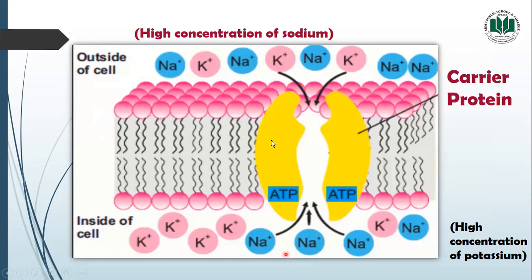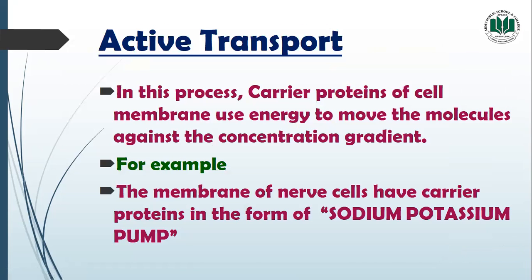The yellow colored protein is the carrier protein. This part is the inside of the cell, which means the cytoplasm, and that is the outside of the cell, extracellular. This is the extracellular region, this is the intracellular region. Intracellular region means cytoplasm. So we saw again that this is a carrier protein. Another word used for it is sodium potassium pump. The example we are going to discuss is the sodium potassium pump. So this is a sodium potassium pump. We will discuss in a while what the sodium potassium pump is.